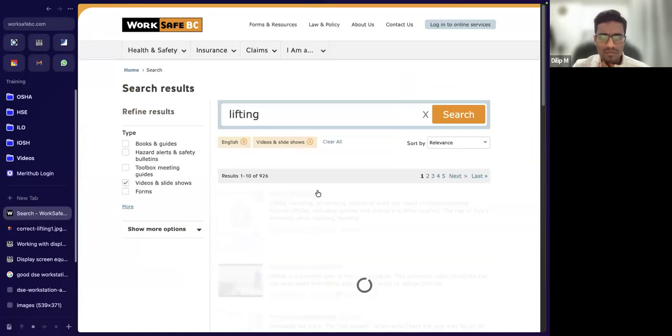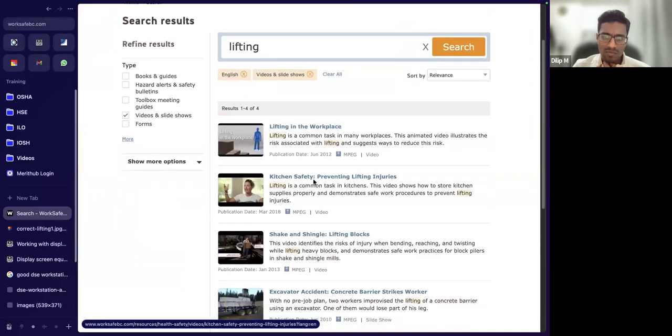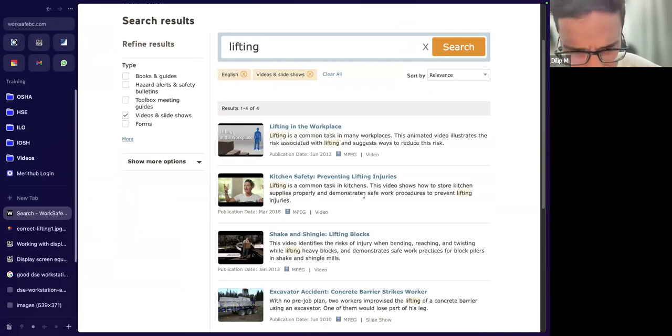So lifting in the workplace, preventing lifting injuries. I'll share these links in the WhatsApp group. So just look into it. It gives visuals and videos, which improve our understanding of the topics.